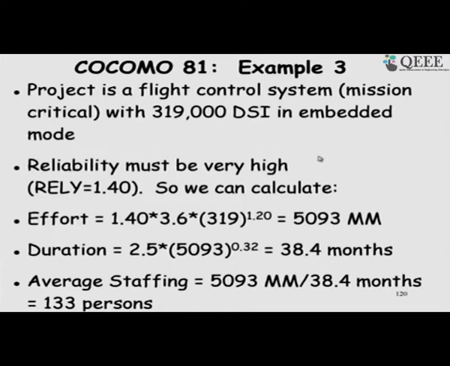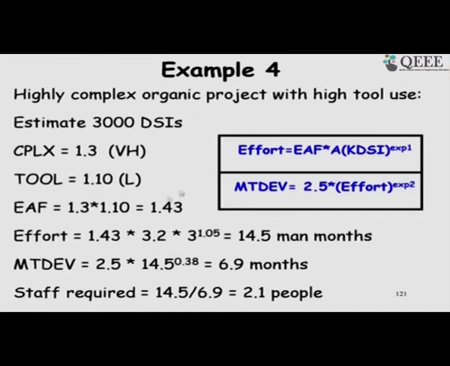So, there is another example, embedded software, a flight control system, 319 kilo lines of code, and reliability is very high, and then we compute the effort, duration and the average staffing. Another example here.